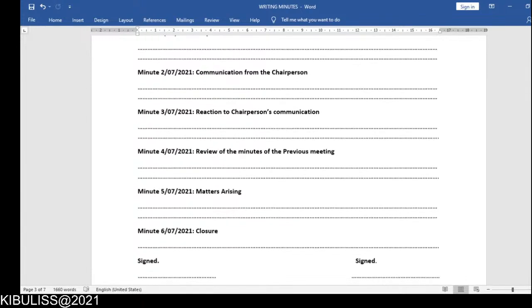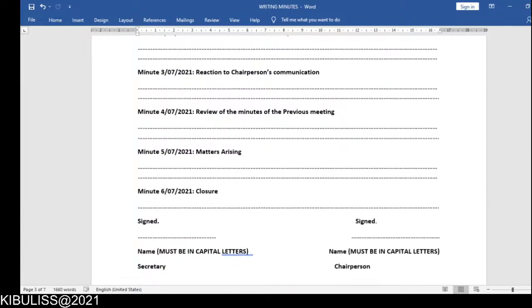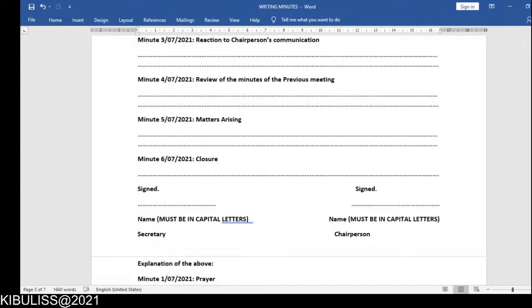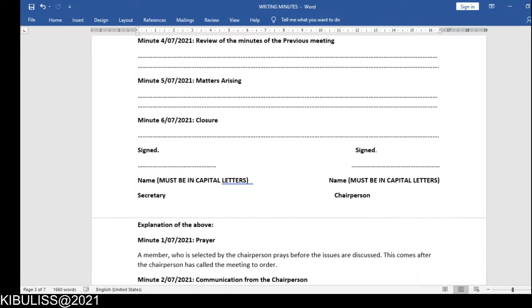If you are facing the document like I am facing it, the secretary's signature and name and title must be on my left if I am facing the document. But I know if you are looking at it maybe from the point of view of the board, you will see that it's on your right. But I'm emphasizing that when you're facing the document, secretary signs on the left.